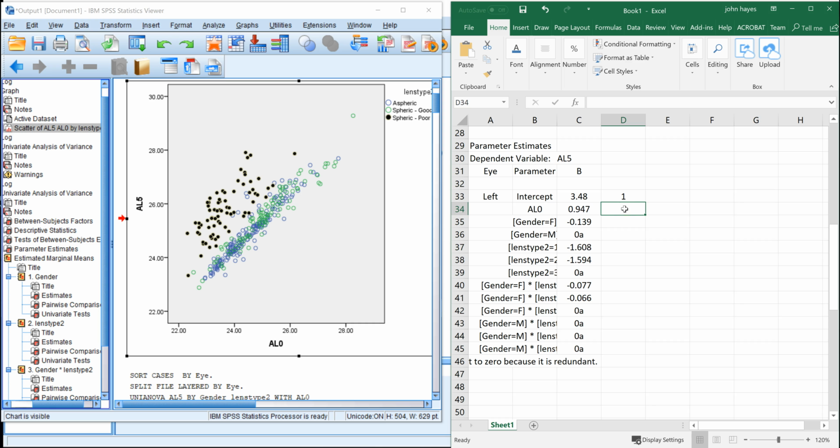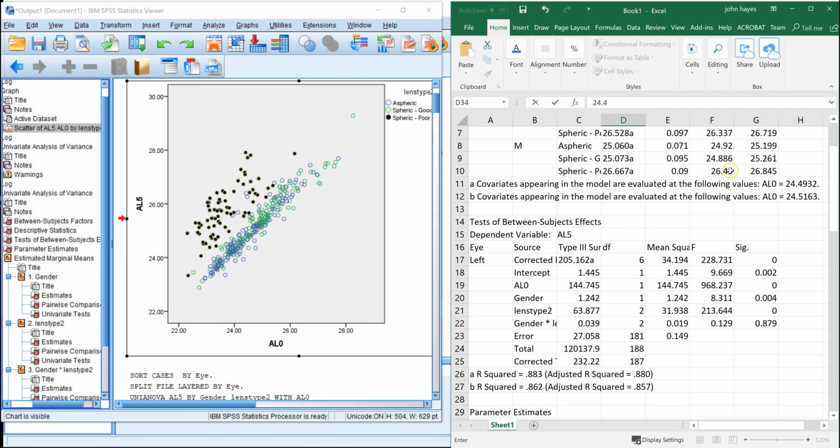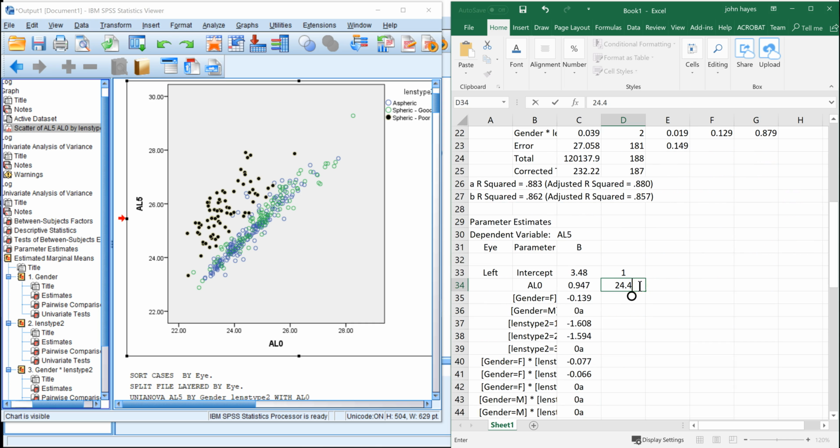For the AL0, we're going to multiply 24.4932. That's why I can't remember that number, it's so hard. 24.4932. We're going to multiply that times this coefficient.